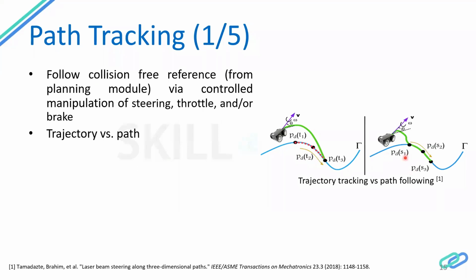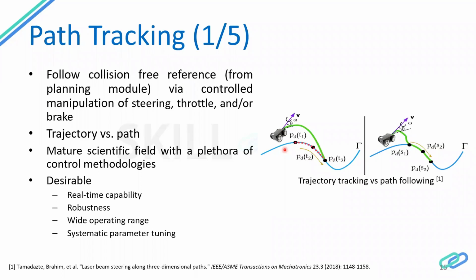And if it's parameterized in terms of path length, it is called a path. So based on what kind of path planner one has designed, you might either get a reference trajectory or a reference path. And then the tracking algorithm has to be capable of accurately following this reference trajectory or reference path as soon as possible.